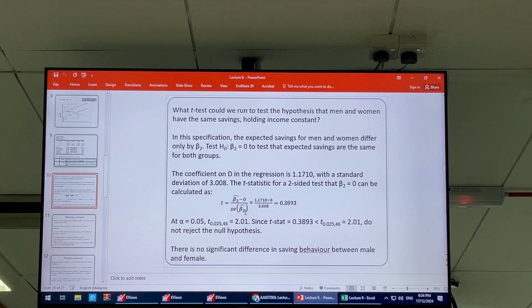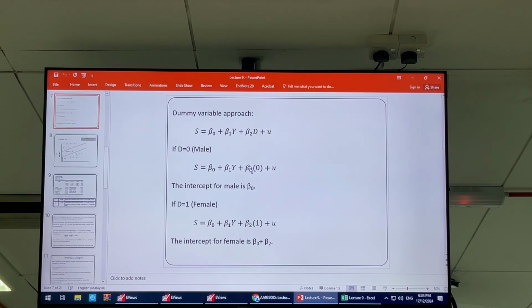So let's say you have this dummy for gender, and you have another dummy variable, for the highest education level, for example. Let's say you have 3 groups. Okay, we take another example.